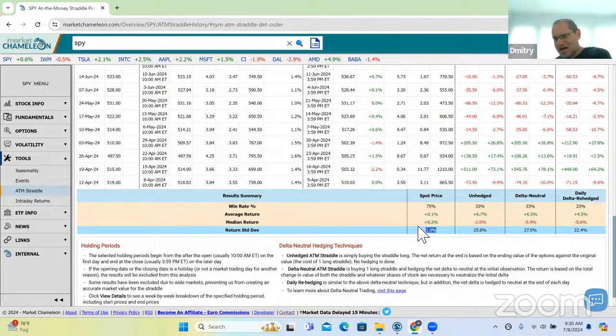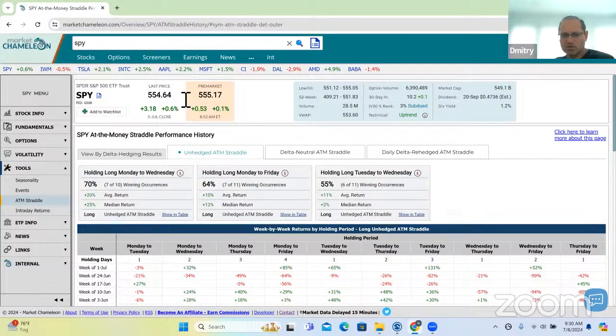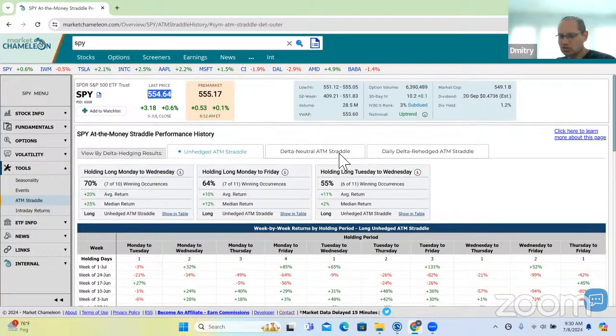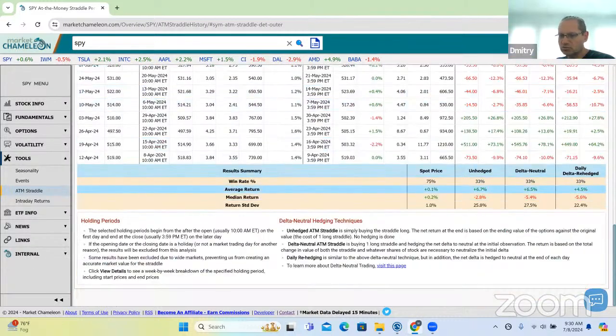In SPY, a 1% move is whatever, $5. But that at-the-money option could double, right? It could go from 3 to 6 or even more. So the options themselves are leveraged products, they're lower priced, they're sensitive to stock movements, so they'll have a bigger standard deviation than the stock alone. It's a derivative, a leveraged product.